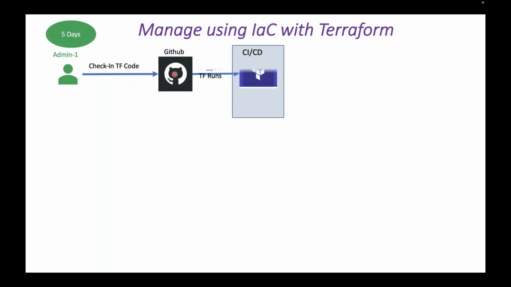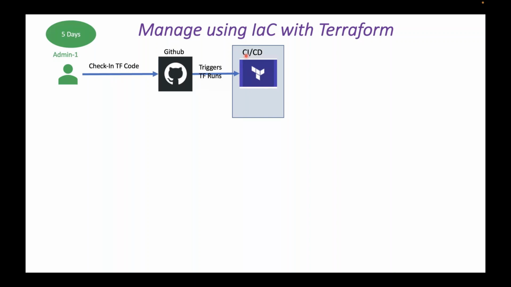Now from the GitHub repository, there is a concept called CI/CD, that is continuous integration and continuous deployment. I will explain that later, but as of now, just assume CI/CD is one kind of tool which will execute the commands. That's it. As humans, we execute some commands manually by typing them.